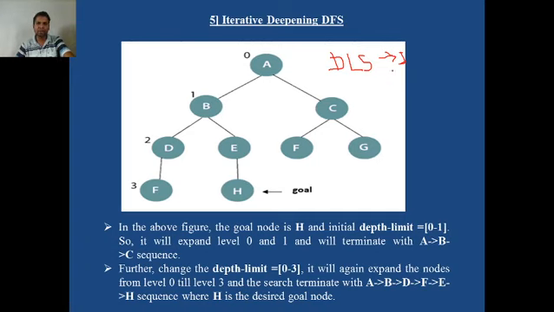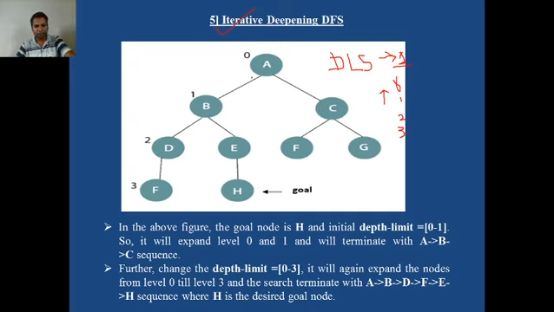You cannot expand the nodes in the levels beyond level 1. And if your goal node lies beyond level 1, then you will not get a solution. That's why, in order to remove this disadvantage, in iterative deepening the depth limit is iteratively increased. For example, the depth limit is increased from 0 to 1, 1 to 2, 2 to 3, and so on, depending upon the problem.